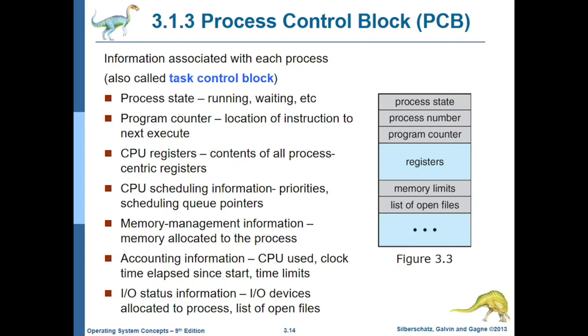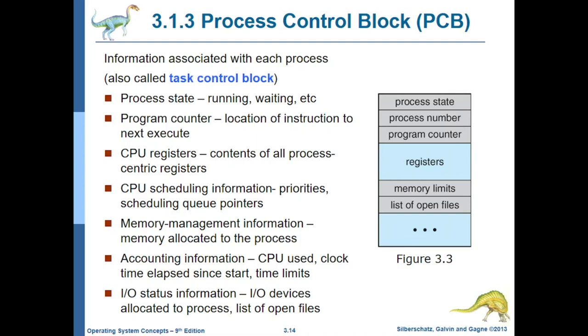The first component is the process state, which indicates whether the process is running, waiting, ready, or terminated. The second component is the process number, which is a unique identifier for the process. The third component is the program counter, which holds the address of the next instruction to be executed by the process.